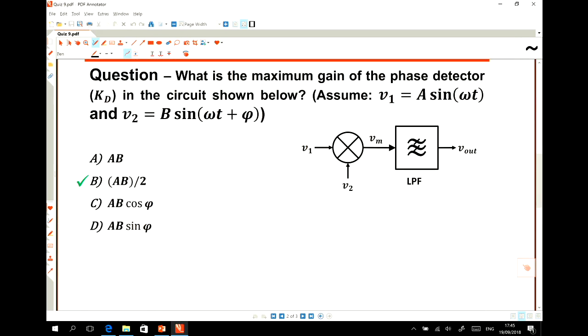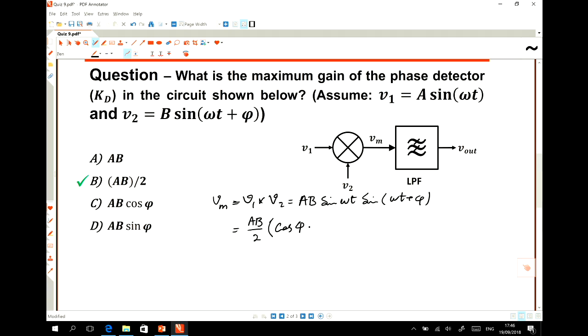So the output, the VM equals V1 times V2 and equals AB sine omega t sine omega t plus phi, and then this equals AB divided by 2, I think, cosine, for example, phi, I think.